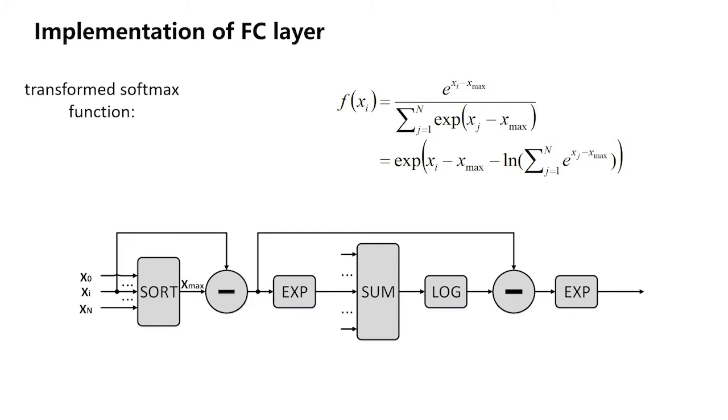The subtractors and log units have lower complexity. The hardware architecture of the softmax function can be shown in the figure. Since the critical paths of the log unit and subtractors are shorter than divisors, the critical delays can be significantly shortened.